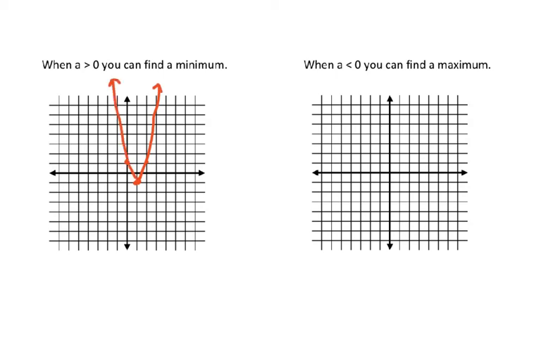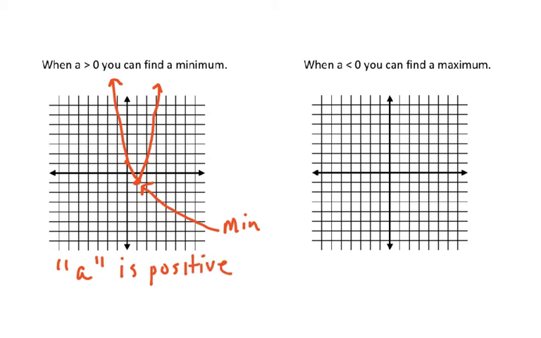Say that it's going to look like this. This parabola right here, because it opens up, we know has what we call a minimum value. And when it has a minimum value, that means it opens up. And when it opens up, we know that the a value is positive. That's what makes it open up.